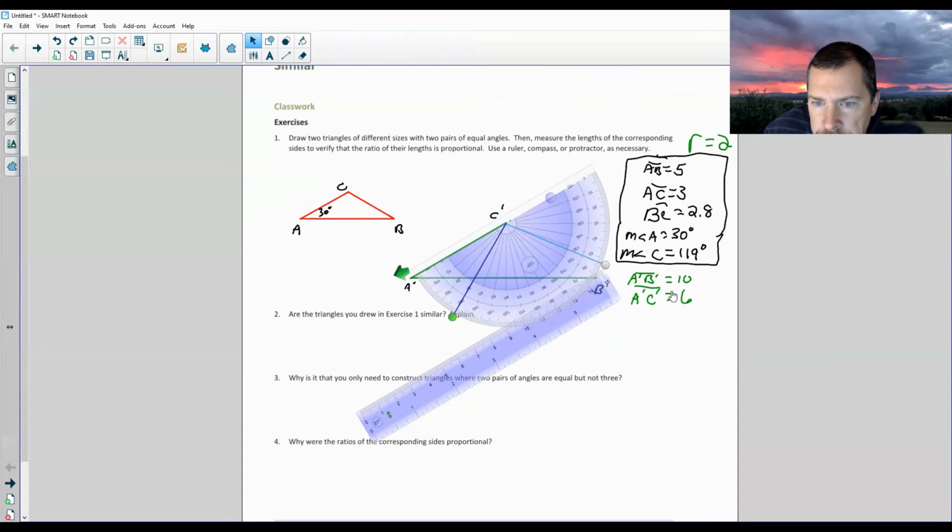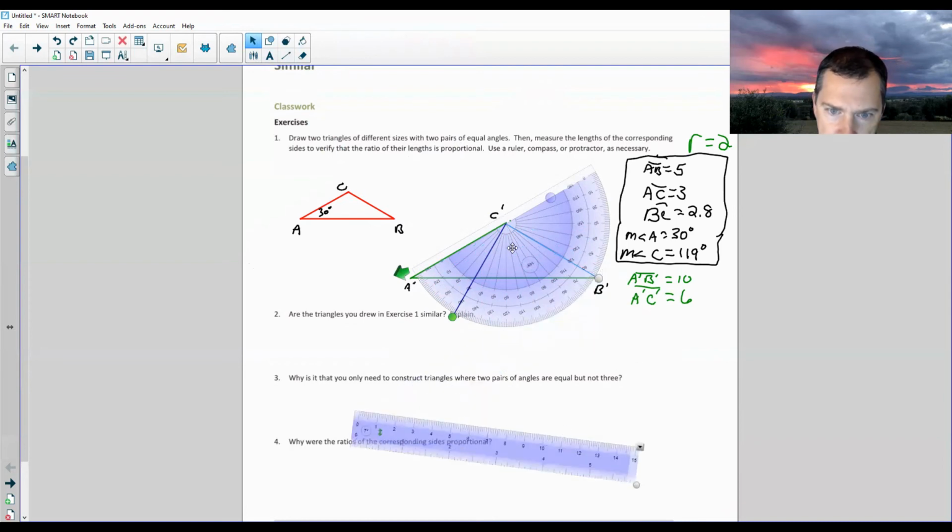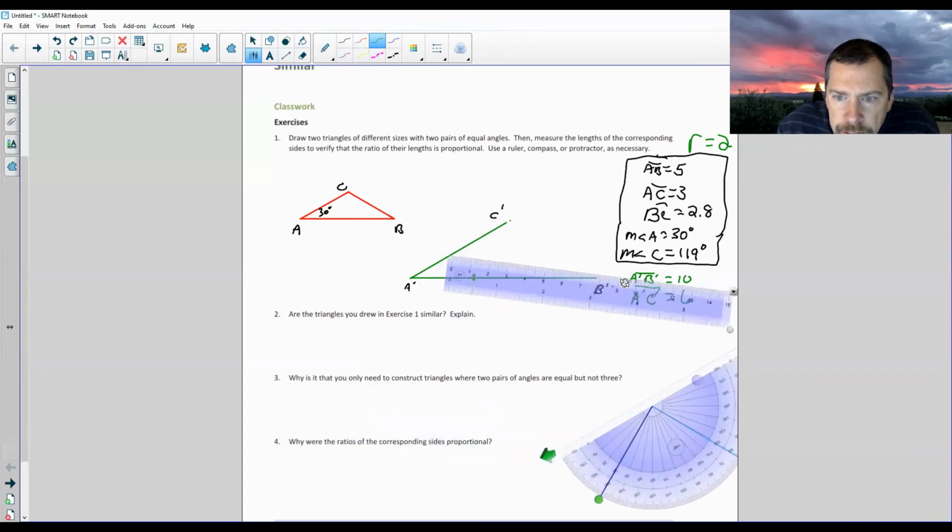I'm sorry, not 30, 119, which is right there. So my 0 is at C prime. A prime C prime is right on my 0 line. So out this way is 119 degrees. So if I draw a segment out to here of 119, then these two triangles will be similar.